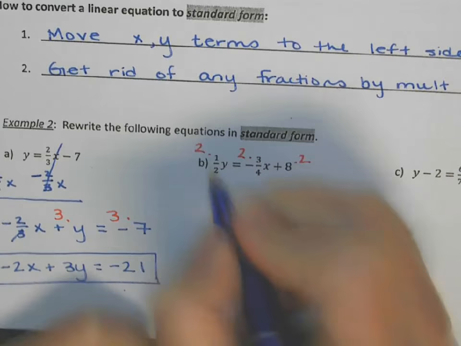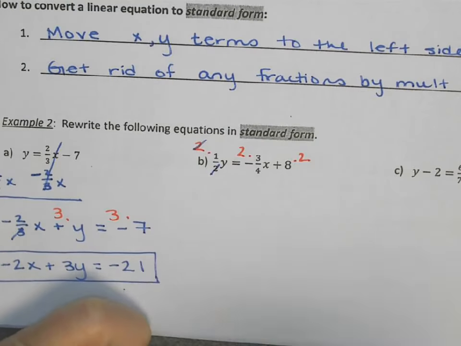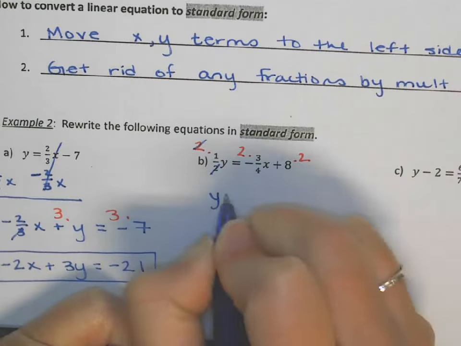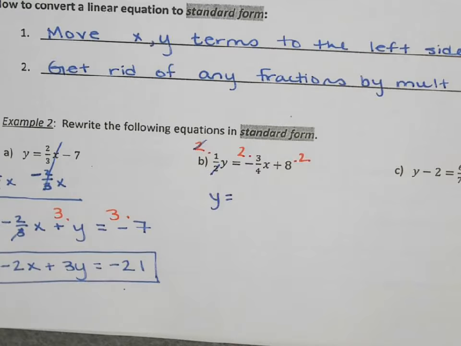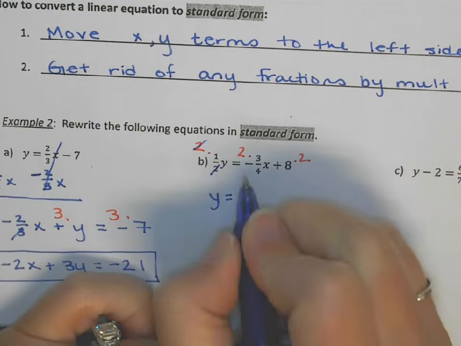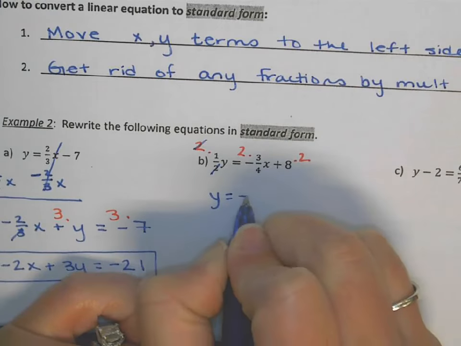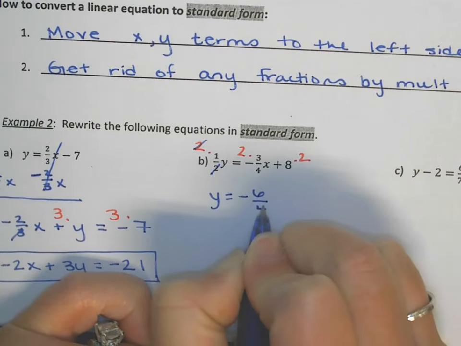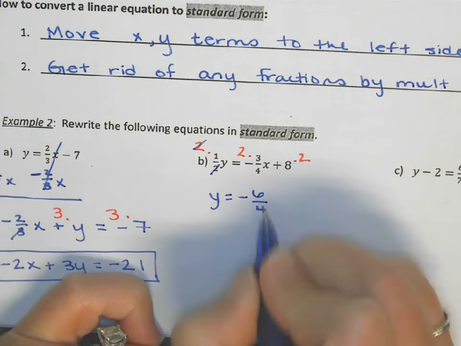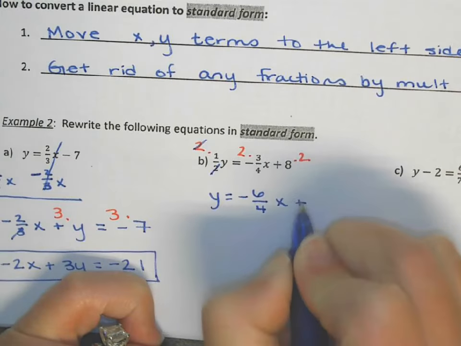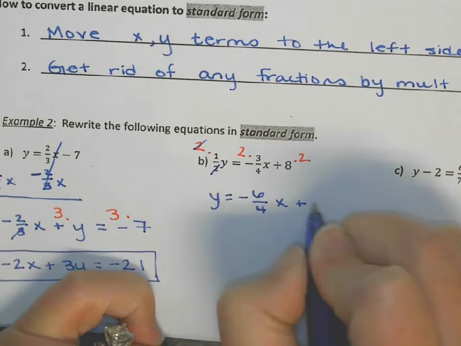This term is being multiplied by 2 and divided by 2, so now I just have one y. This term is going to be negative 6 over 4, because 3 times 2 is 6, so I have 6 over 4, x, plus 8 times 2 is 16.